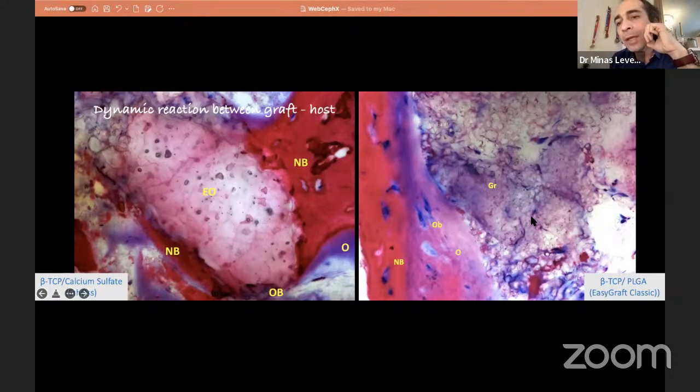We can see this is the particle. It is dissolving. You can see how beautifully the image shows the dissolution of the particle. And as it is breaking down, all the osteoblasts form osteoid, a new bone, absolutely in contact to the surface of the bone grafting material.